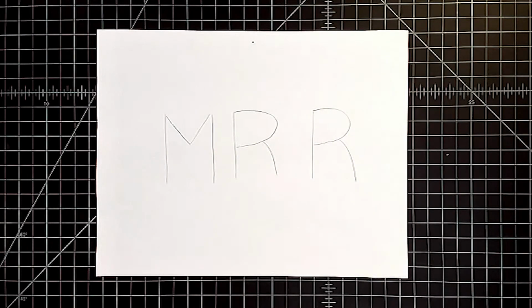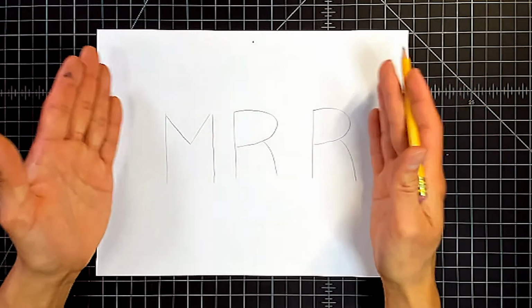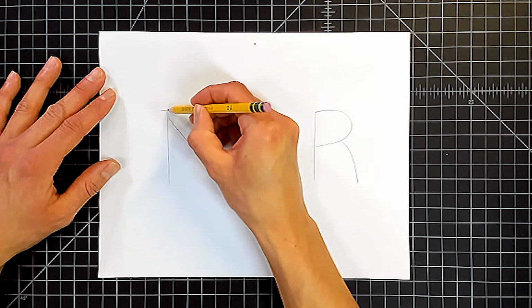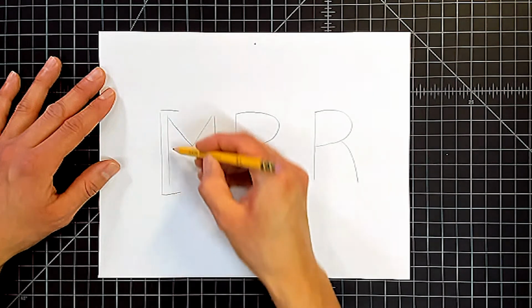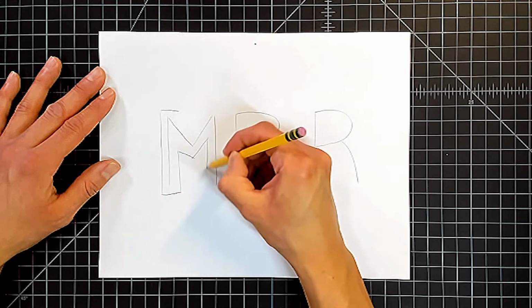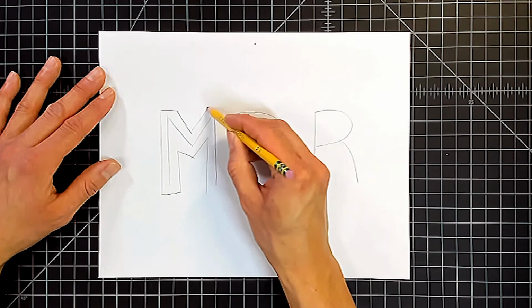And what you're going to do is you're going to go around those stick letters. So you're going to start with stick letters, try to center your stick letters somewhere towards the center of your piece of paper, and then go around those stick letters. And you're going to do this a lot neater than I am.